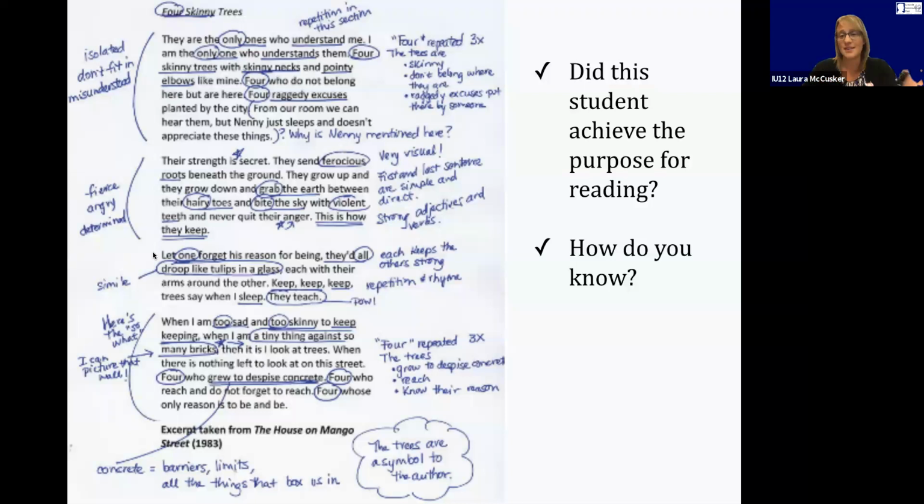So in this example, I think the student does achieve the purpose for reading, but that's because the teacher was very explicit about it ahead of time. If I would have given this excerpt and told students to make marks, you can see where student A has a very different paper than student B, and student C can't understand why theirs looks even different.